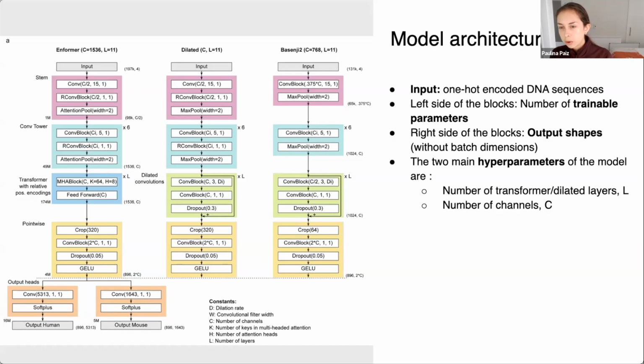So the two main hyperparameters of the model are the number of transformer dilated layers, L, as you can see here, and the number of channels. And I think one interesting thing to note here is that they say that at the end of the transformer, the number of channels is 1536, but here also the first dimension is 1536, so the output shape after the transformer is 1536 by 1536.